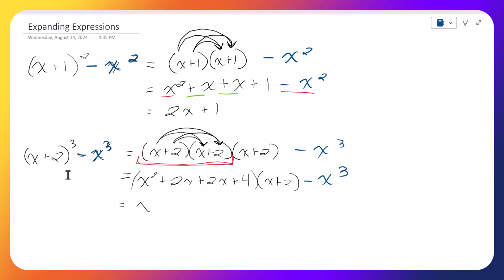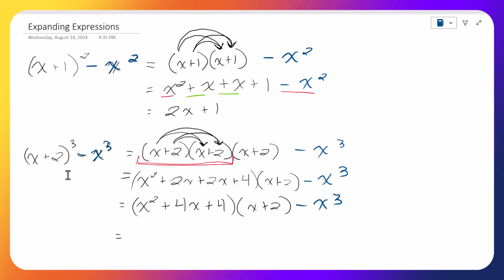But we get x squared plus 4x plus 4 times x plus 2 minus x cubed. And now we're going to distribute again. And this time it's not just double distributing. I don't think there's a nice word for this, so I'm just going to call it distributing. But it's every term times every term. So, and I'll do it step by step actually. Let's choose green.